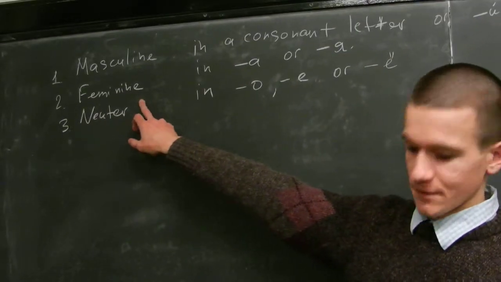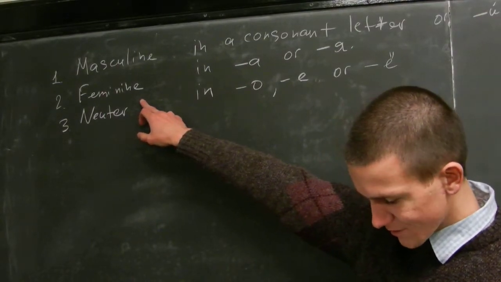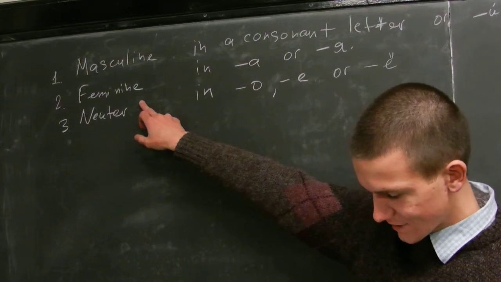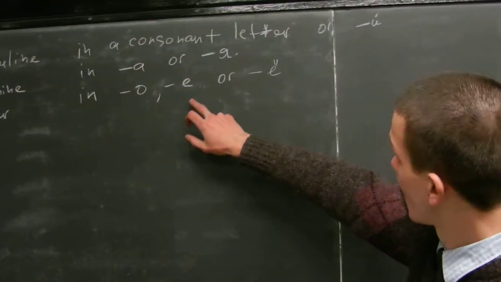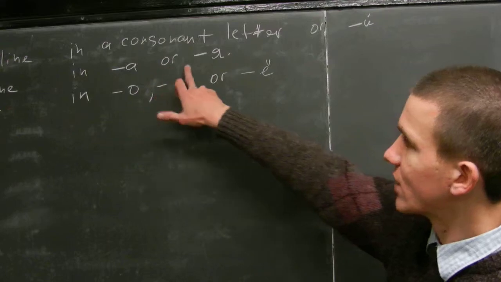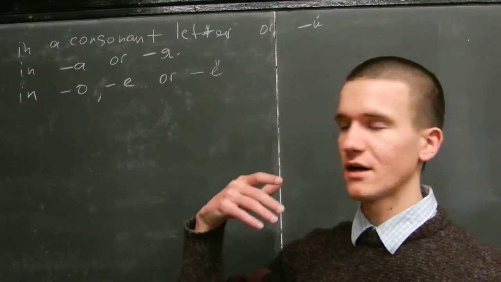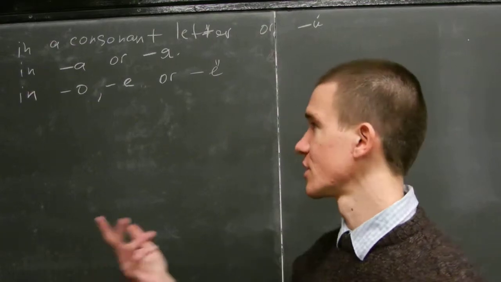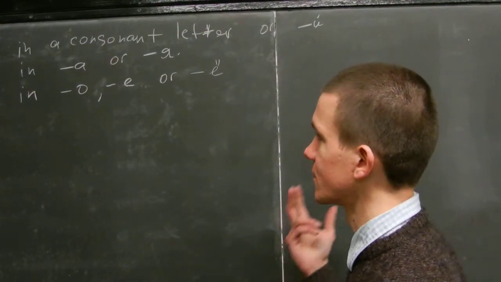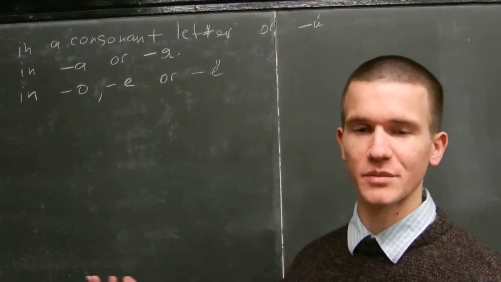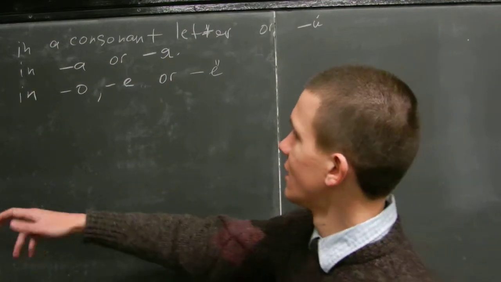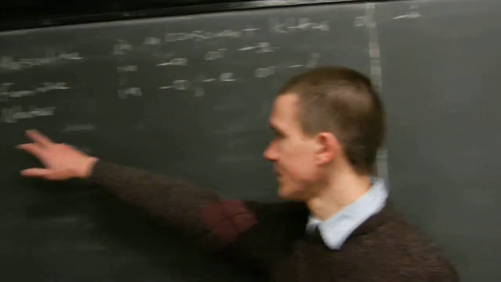So next, feminine. Feminine nouns usually end in a or я. For example, деревня, which means village, or let's say краска. Краска means paint. It's feminine. And neuter.